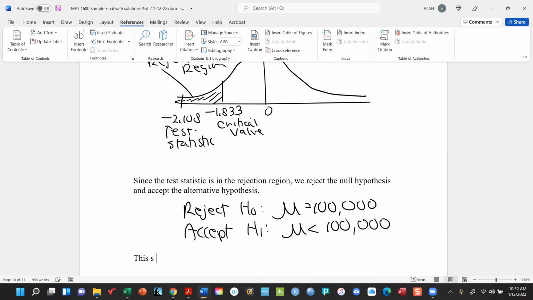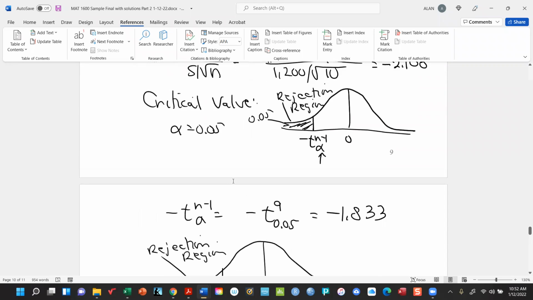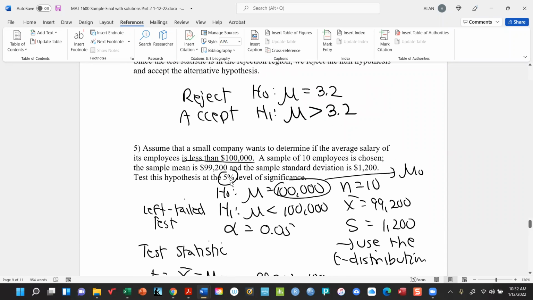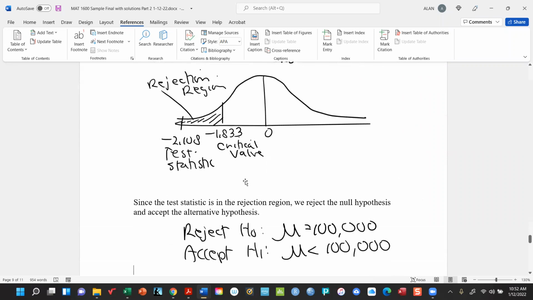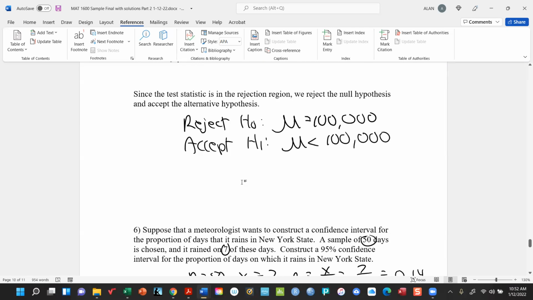This means that the company, now it didn't explicitly say this in the problem. If you notice, you're just being asked to accept or reject the null hypothesis. But I'm just throwing this in here. This was actually not part of the problem, but the reason I'm mentioning this is because some decision is going to be made based on this result.